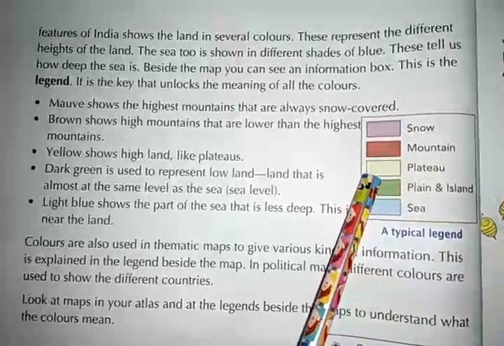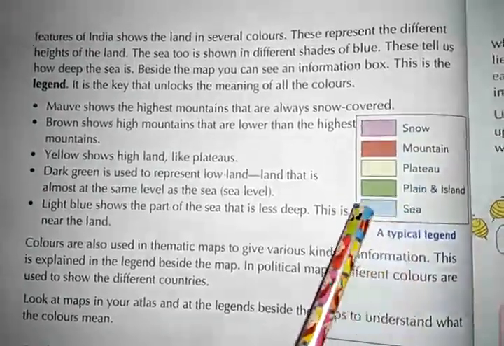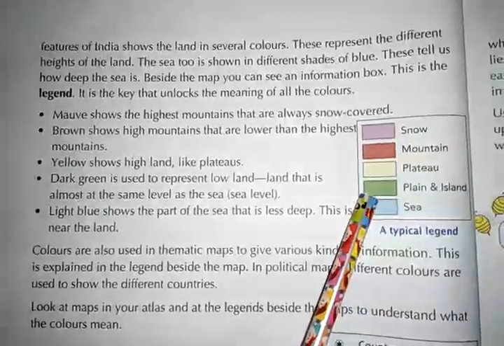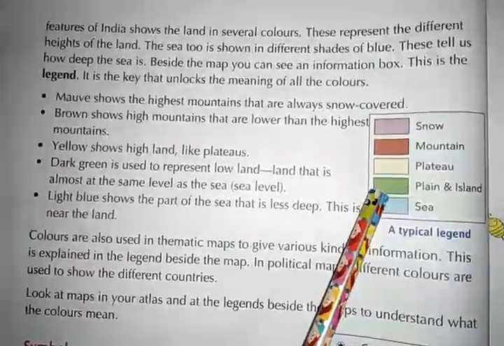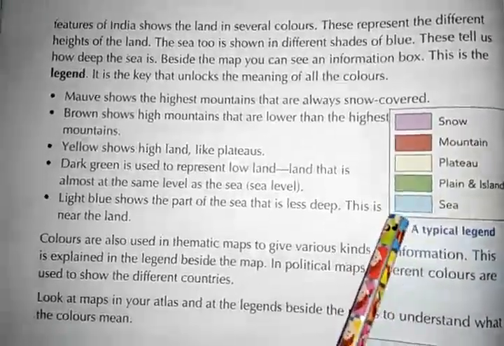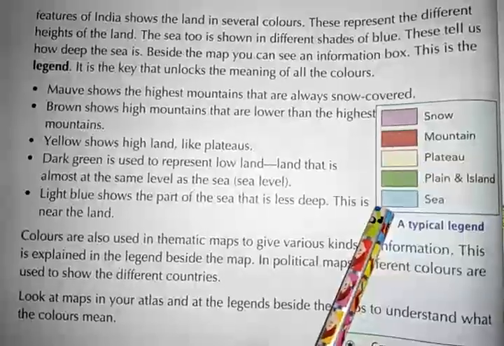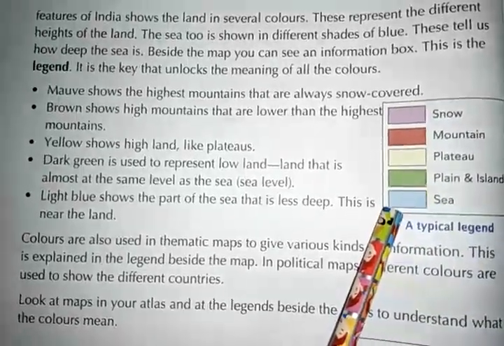Yellow shows high land like plateau. The next is dark green. It is used to represent lowland that is almost at the same level as the sea. And the last one, light blue, shows the part of the sea that is less deep. This is near the land area.